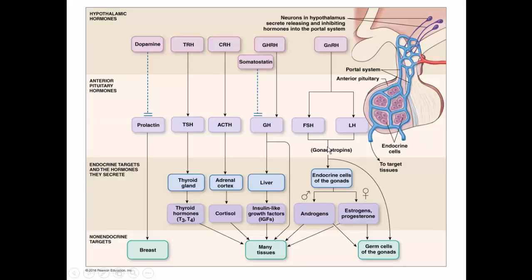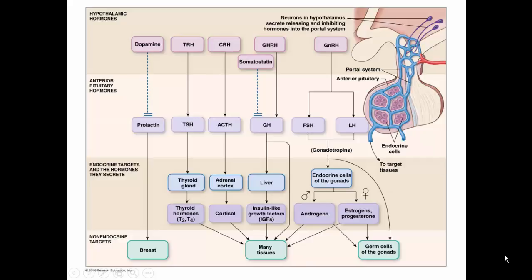FSH and LH target the endocrine cells of the gonads, which in turn produce testosterone and estrogen and progesterone. Both androgens, or testosterone, and estrogen and progesterone target many tissues, and also both androgens and estrogen and progesterone target the germ cells of the gonads and are important in reproduction.